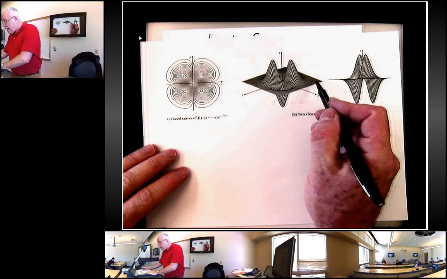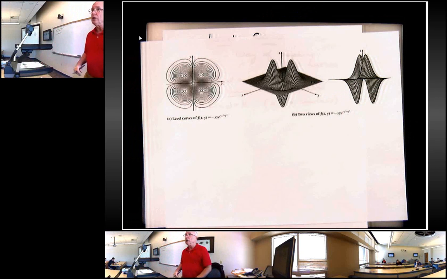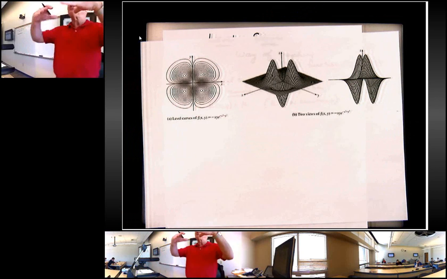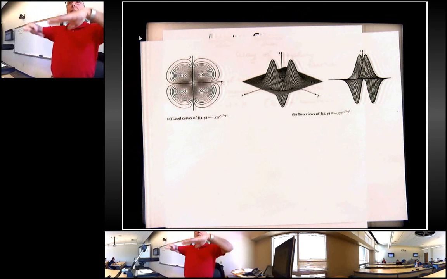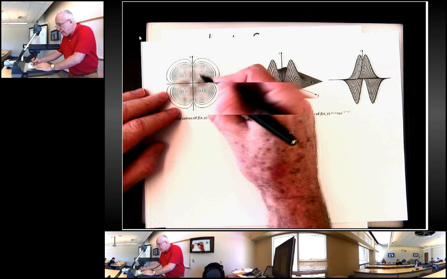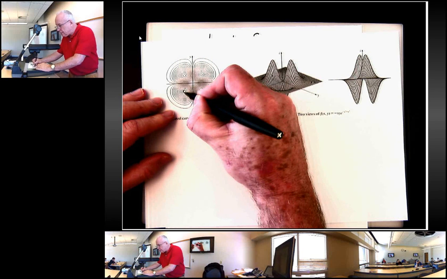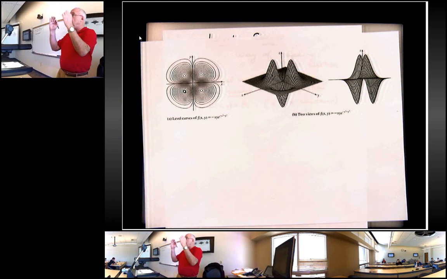Notice when it flattens out, our level curves start to get further apart because there isn't that much change vertically with the function. So each one of these level curves gives us a place where the value of z is equal to the same number.